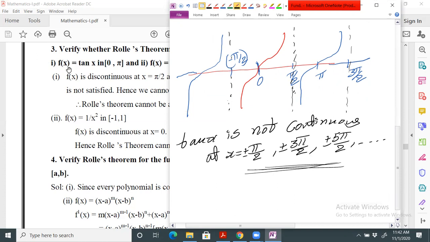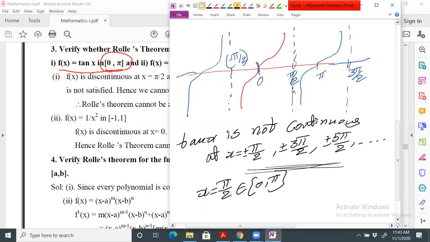Now, if we observe, given f of x equals to tan x in the interval 0 comma pi. But in the interval 0 comma pi, do we have plus pi by 2? Yes, x equals to plus pi by 2 exists in our closed interval 0 comma pi.